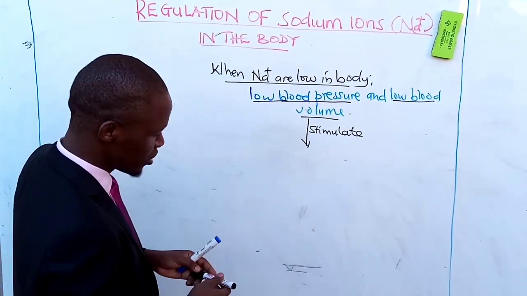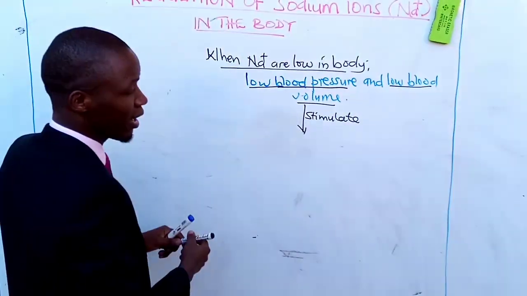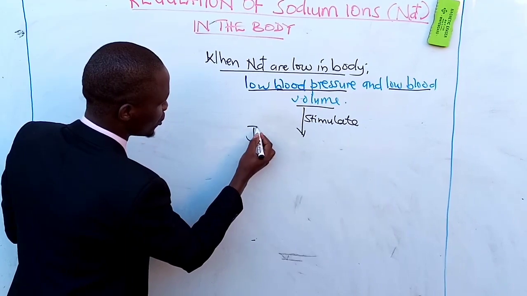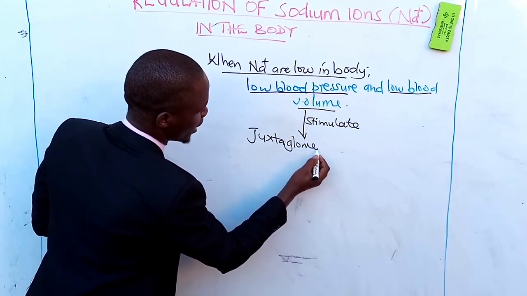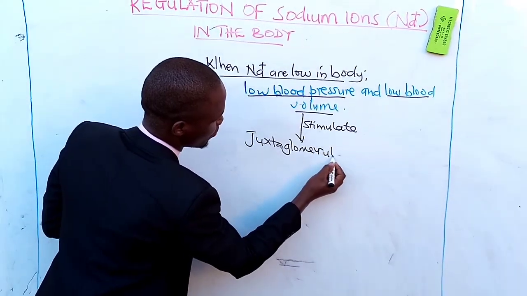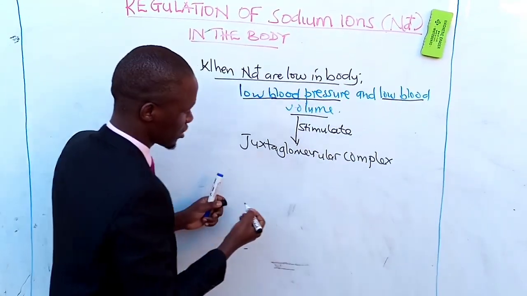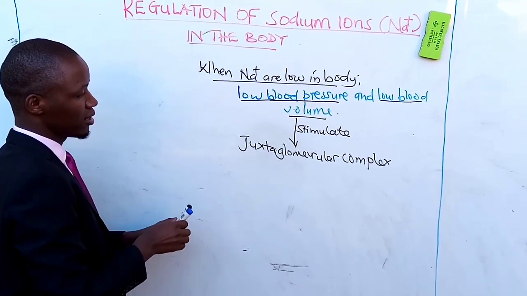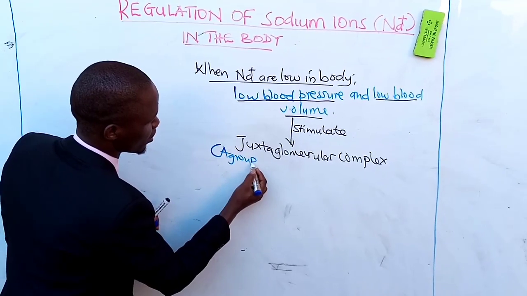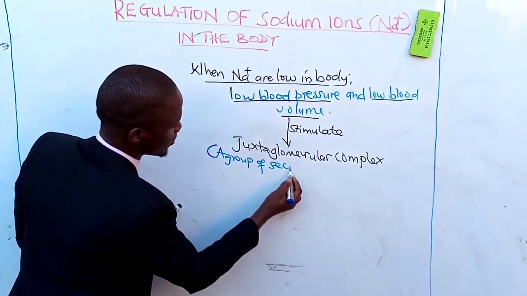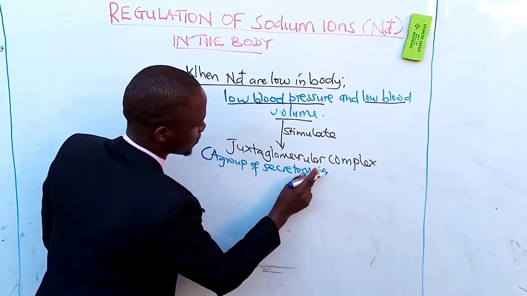This group of cells is found in a structure within our body that we call the juxtaglomerular complex. This juxtaglomerular complex is a group of secretory cells.